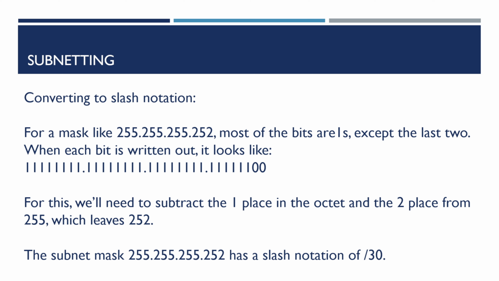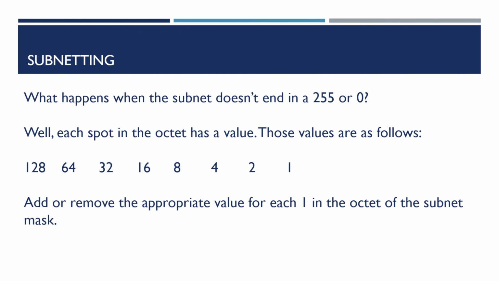At the end, that last octet is not all 1s, but if we look at these places here, we're going to slide back to this slide here. We know that the 128 is going to go into 252, plus 64 plus 32 plus 16 plus 8 plus 4. When you sum all those together, you'll see it does equal 252.